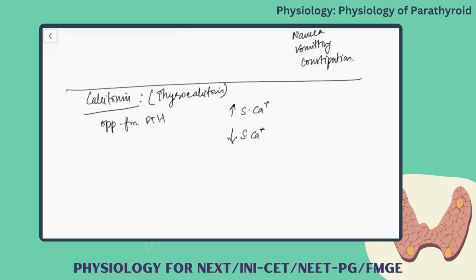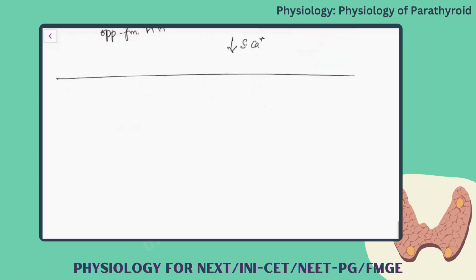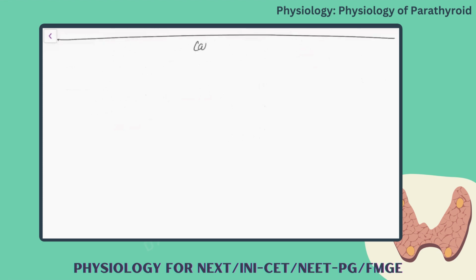Okay, so based on this, we are going to see how calcium homeostasis takes place. You can make this picture on a fresh page. So when you encounter a decrease of plasma calcium level, we are going to see the scenarios happening. When there is a decrease of plasma calcium level, the first event which will happen is increase of parathyroid hormone secretion.